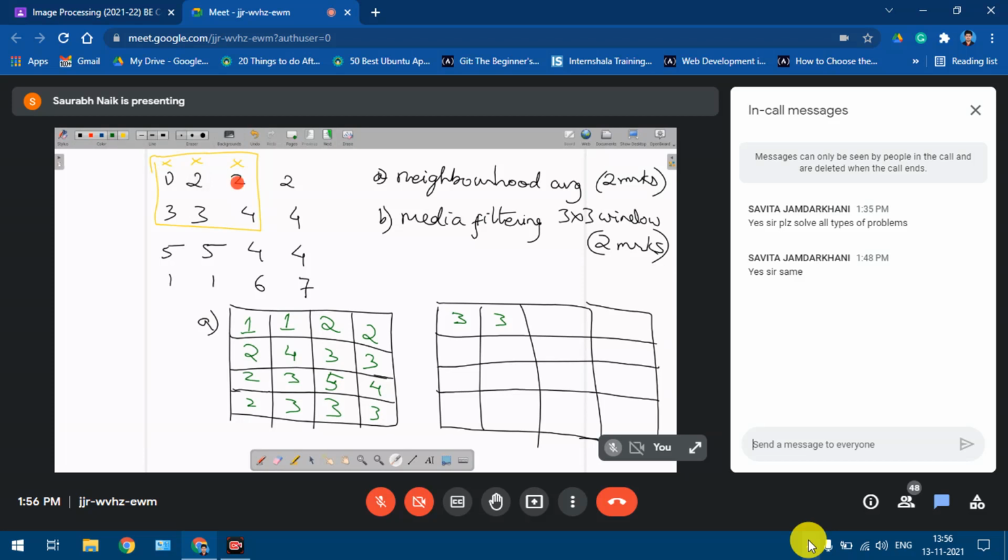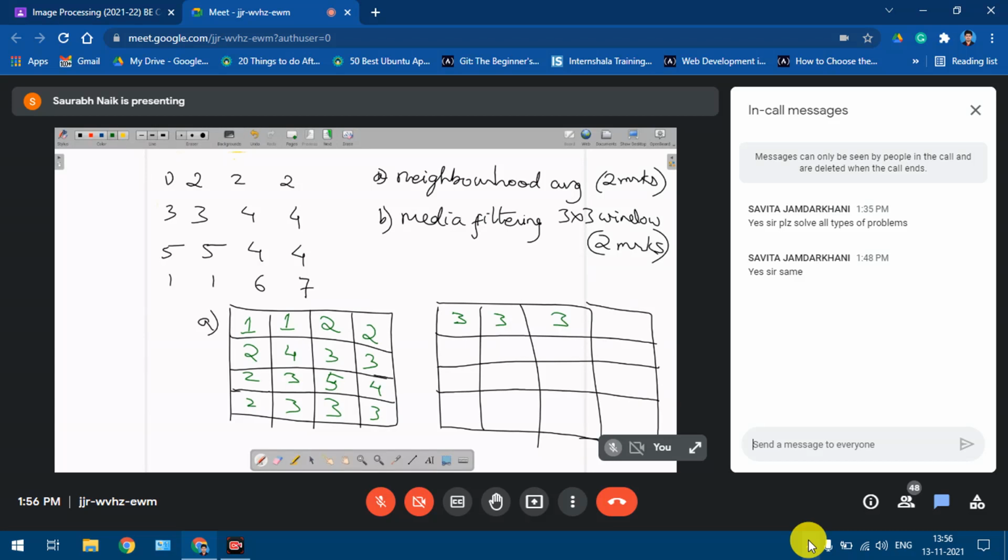So 2, 2, 2, 3, 4, 4. I'll be getting the sorted list as 2, 2, 2, 3, 3, 3. Again, the average of 2 and 3 will be my final median value. So that's also 3 and the output will also come as 3.